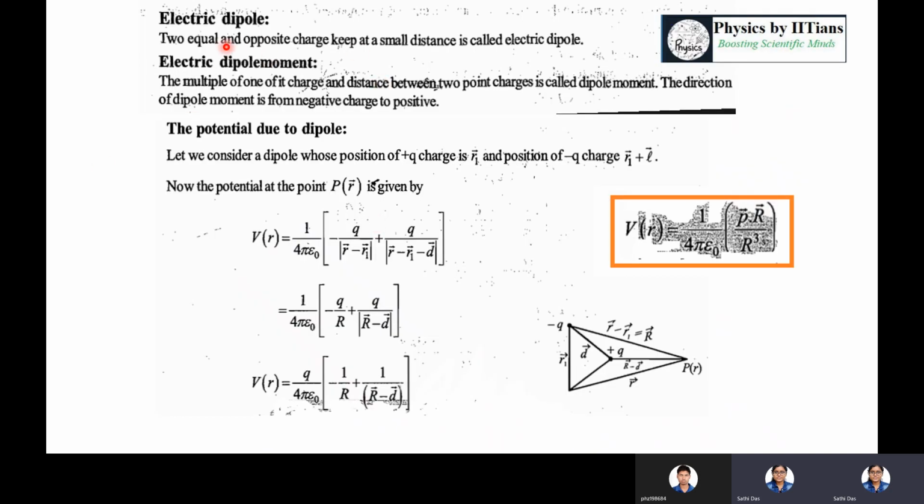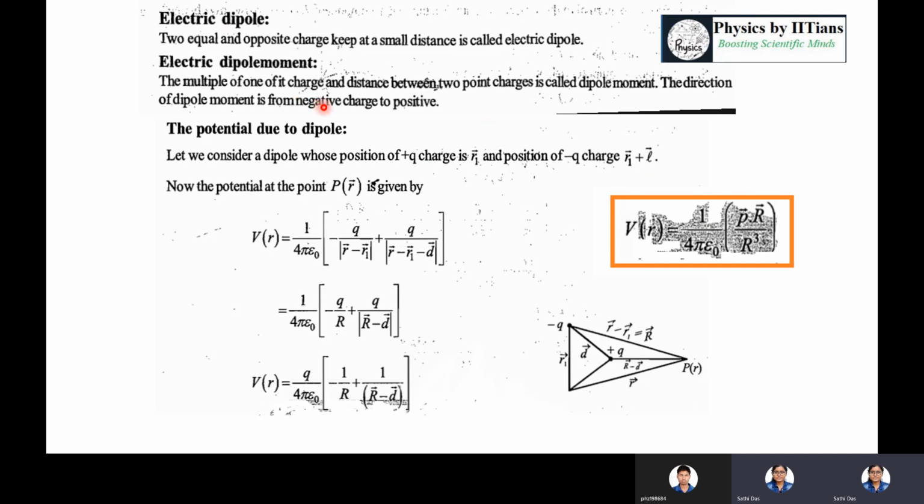So I assume that all of you know what an electric dipole is and what the dipole moment means. But I tell you, what is an electric dipole? Two equal and opposite charges kept at a small distance. This is called an electric dipole, and the product of one of its charges and the distance between the two point charges is called the dipole moment.